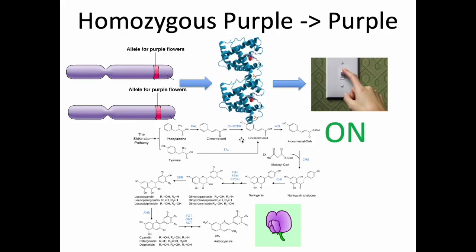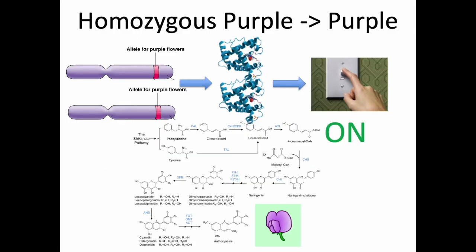Of course, the pathway is going to be switched on, and the flowers are going to look purple. This is what we talked about earlier. Homozygous purple is going to have purple flowers, but now we know why. The genes make the proteins, the proteins turn on the pathway, the pathway builds pigments, the pigments make it look purple.